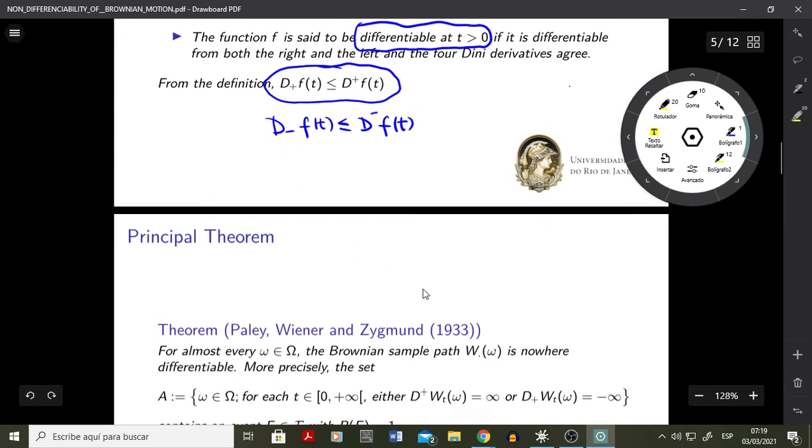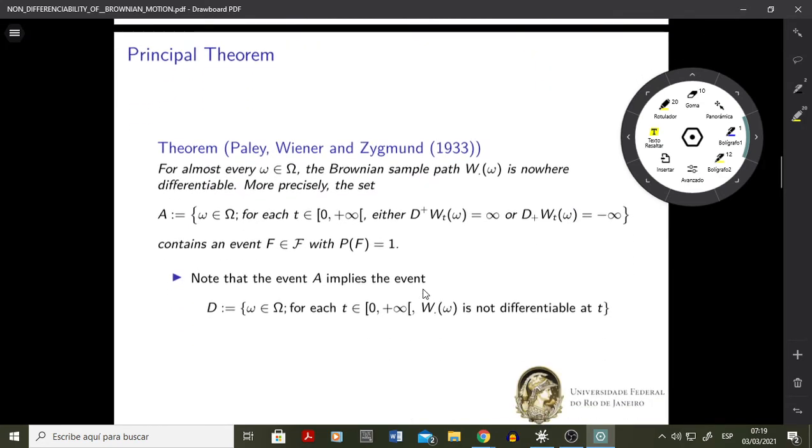Well, now I am going to present the principal and unique theorem of my talk. This theorem is due to Paley, Wiener, and Zygmund around 1933. It speaks about the nondifferentiability of the Brownian motion.